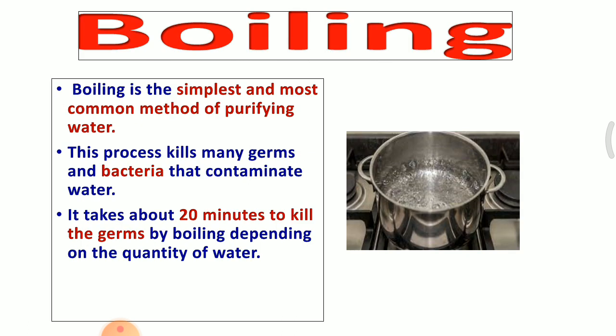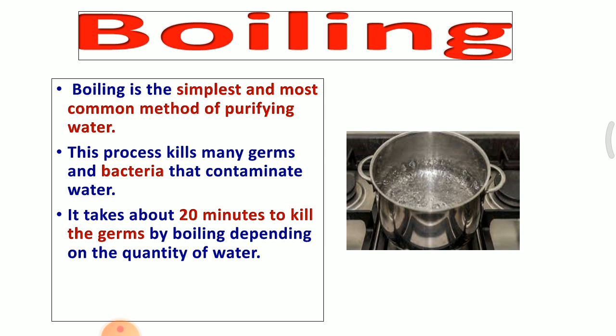The next method is the boiling method, and boiling is the simplest and most common method of purifying water. This process is used to kill many germs and bacteria that contaminate water. It takes about 20 minutes to kill the germs by boiling, depending on the quantity of water.